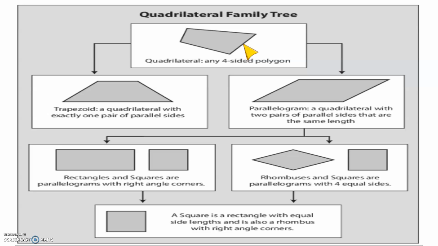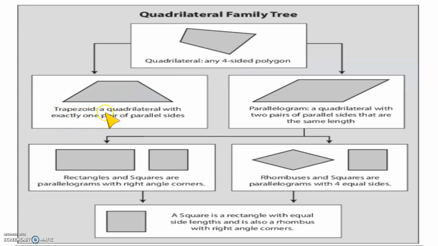I'm going to quickly go over each of these quadrilaterals that we've been talking about this month. All of the quadrilaterals have 4 sides and, by the way, 4 vertices. 1, 2, 3, 4. Remember, a vertice is a corner. We have our trapezoid here.